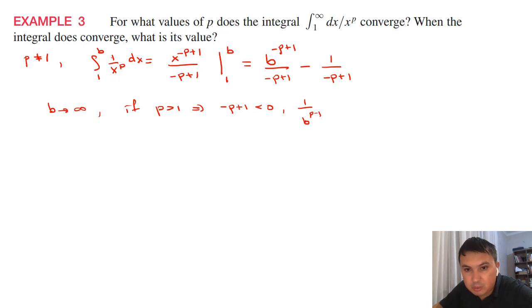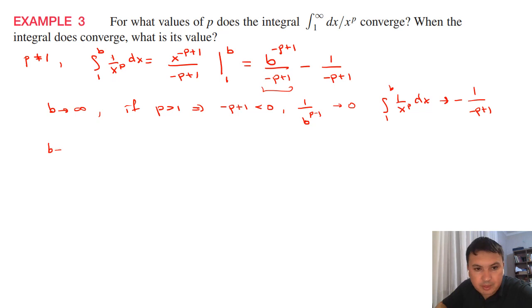Then this 1 over b to the p minus 1 would go to 0, right? So if this is the case, then this limit of the integral from 1 to b of 1 over x to the p dx is in fact approaching, the first term becomes 0, the second term, so you'll get a minus 1 over minus p plus 1. So there is minus, so it's going to be plus at the end.